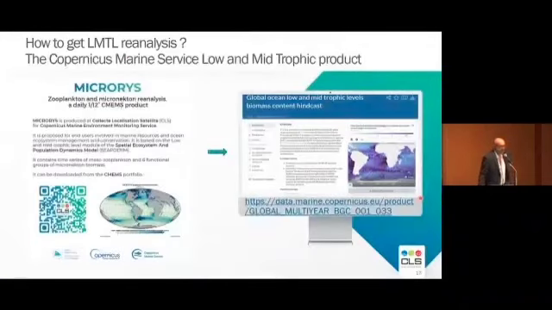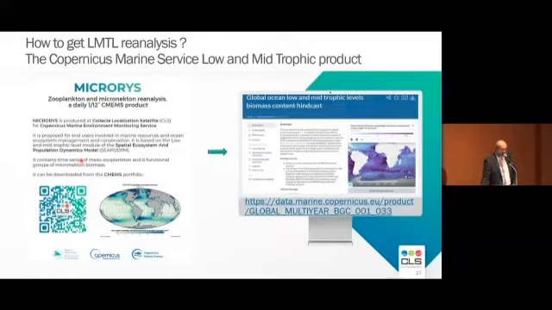For 4 or 5 years now, we have proposed a reanalysis of zooplankton and micronekton product for the Copernicus Marine Service, and it helps us to improve our model, because the quality of the product in Copernicus Marine Service is very high, so it's very difficult for us to reach, but it's a very good point for us, because we improve our model and the quality of what we propose a lot.